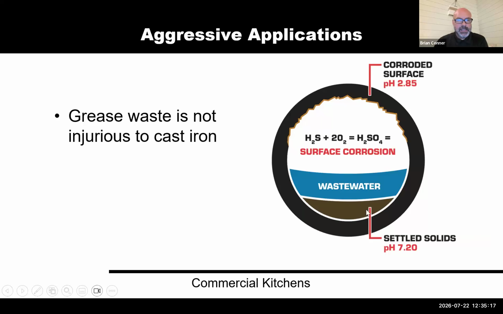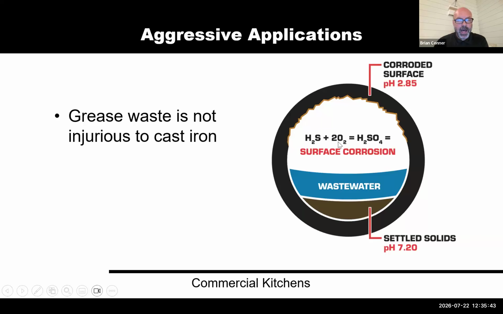Now this waste is not injurious to cast iron. As a matter of fact, typically the pH is around 7.2, so well within standard cast iron's ability to work. But then it's covered up by the wastewater because these solids settle. They're not being cleaned out the way they're supposed to. The wastewater, along with the solids, create hydrogen sulfide gas.